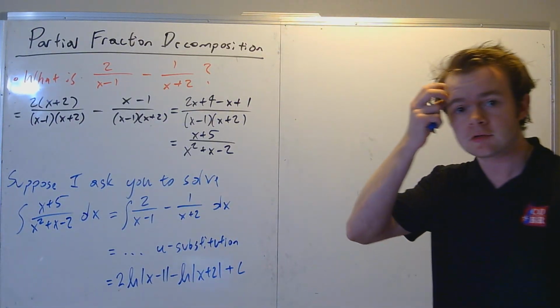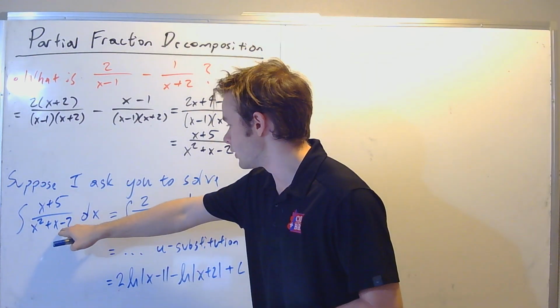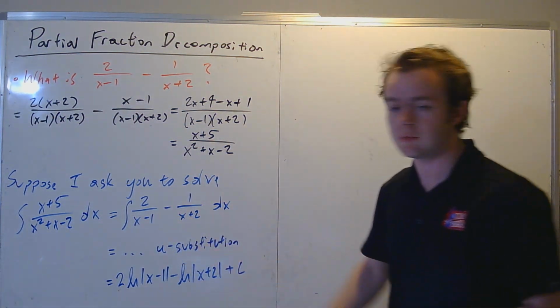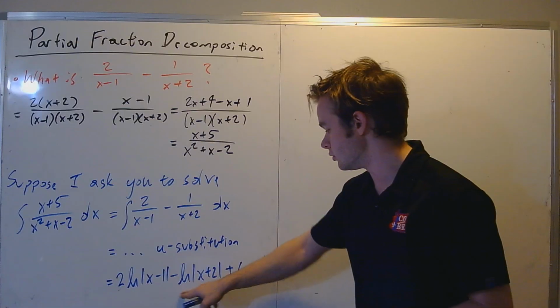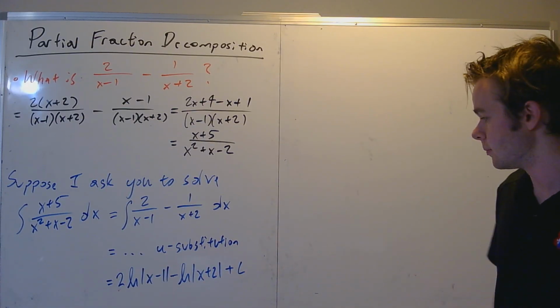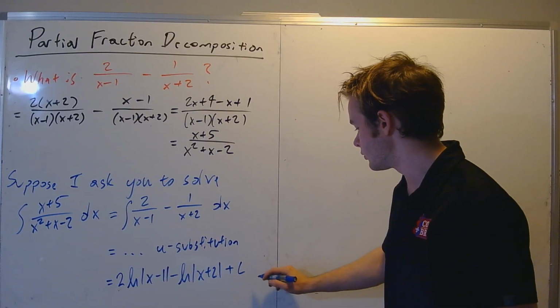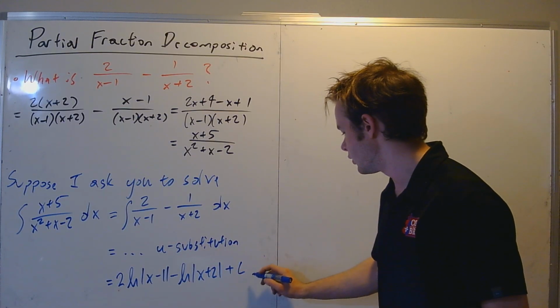Okay, so the way we solved this was by first breaking it into two different fractions and then taking the integral of each fraction using u substitution in order to get to here. I'd encourage you to do the work here to fill this in, but this is what the answer should be. Okay.